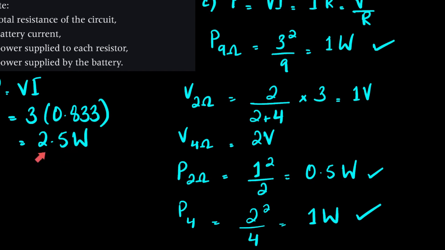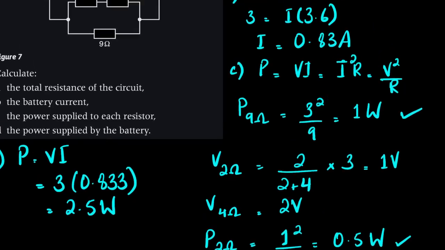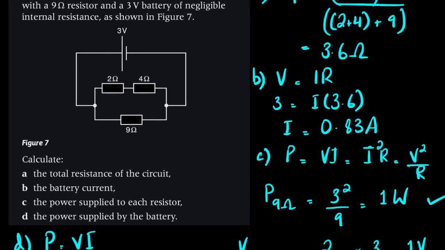So this 1 and 1 and 0.5 are adding up to 2.5 watts. In cases like these, you can always double check these values to make sure that your answers are correct. Because this video is about KCL, what you could have also done is, using the power supplied to each resistor, the voltage across this is 3 and 3, and then you calculate this current, and since the total flowing into this junction is 0.83, then 0.83 minus the current through this would give you the current through this, and then you could have used P equals I squared R as well.